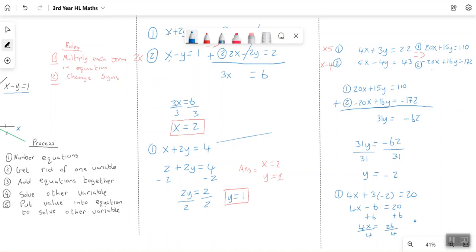Okay, so x is equal to 6.5. And that's it. Okay, so we can say that x is equal to 6.5 and y is equal to minus 2.